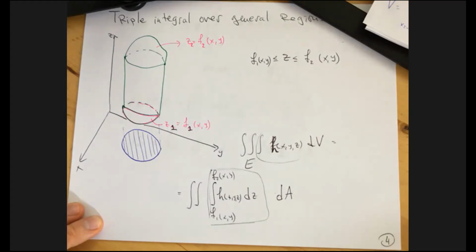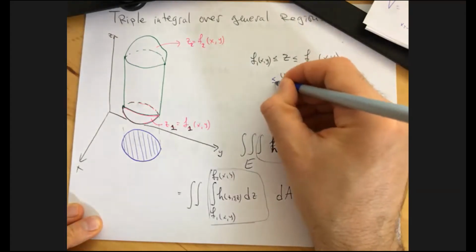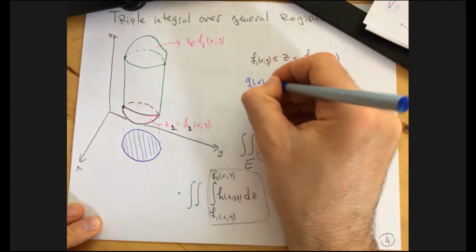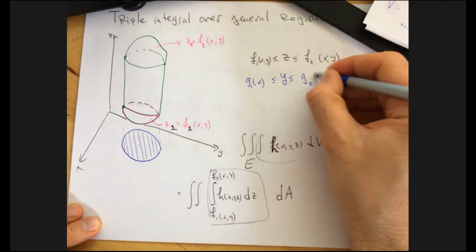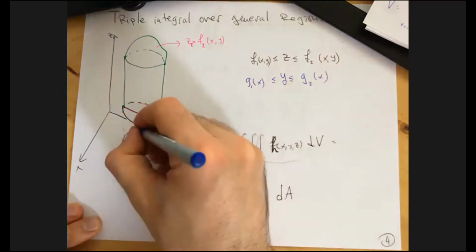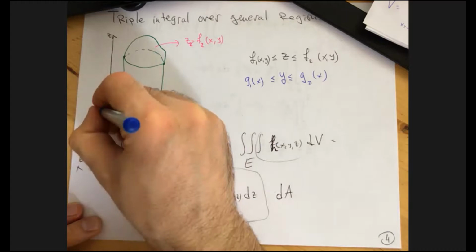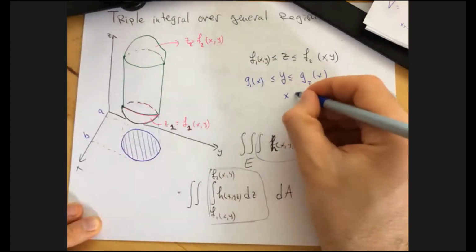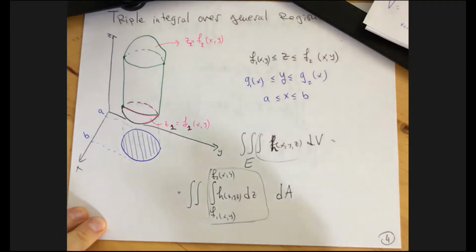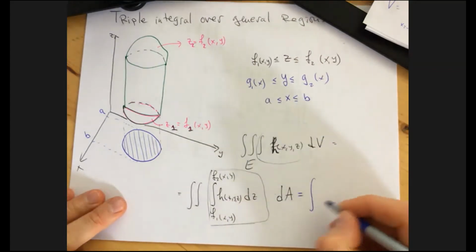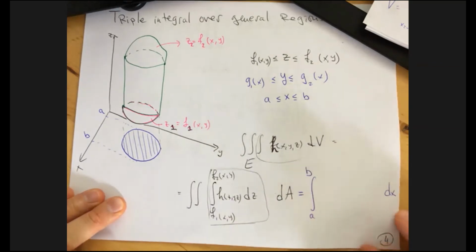Well, here it's up to you how you're going to set this up, whether you're going to say y is between some function g1 of x and below g2 in terms of x, and then x is going to be bounded between a and b. So finally, this triple integral is going to be dx going from a to b.